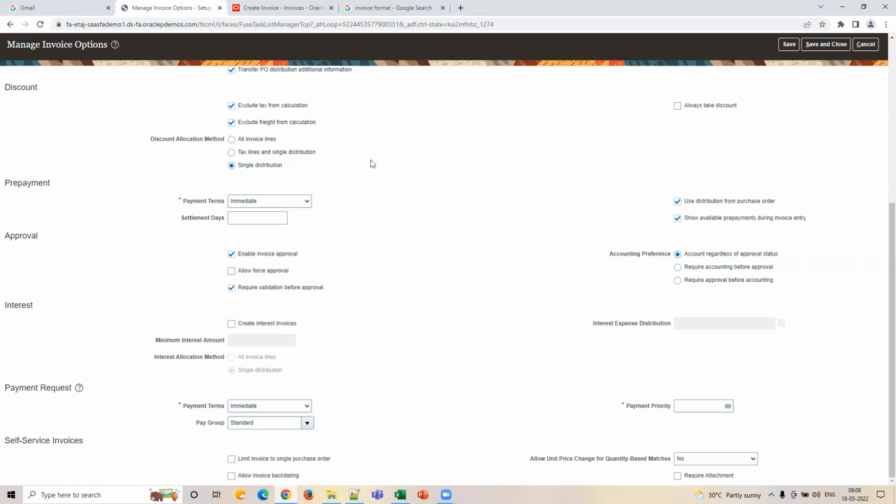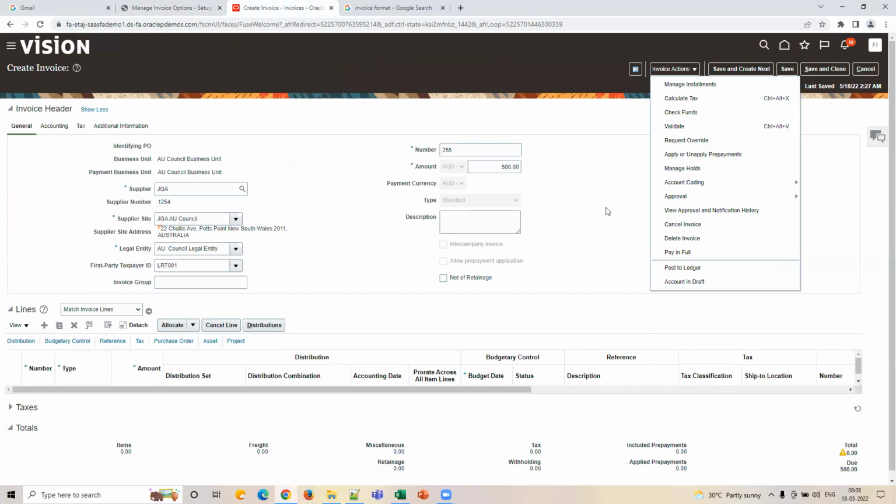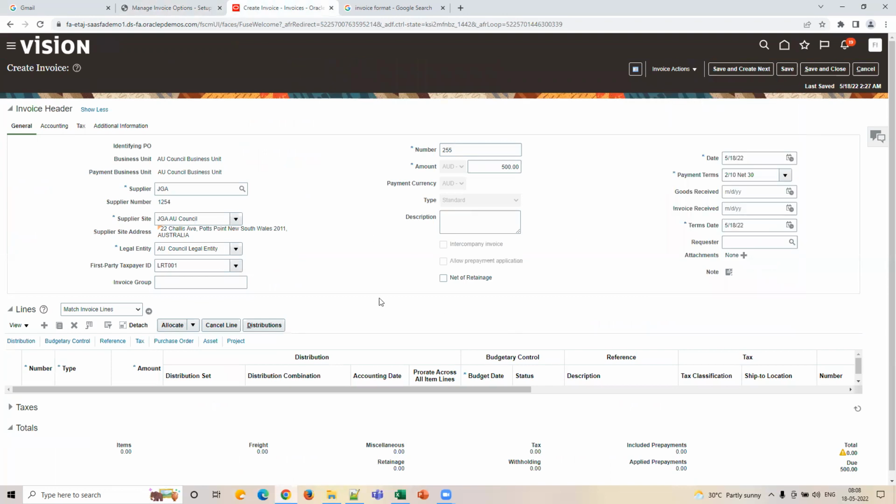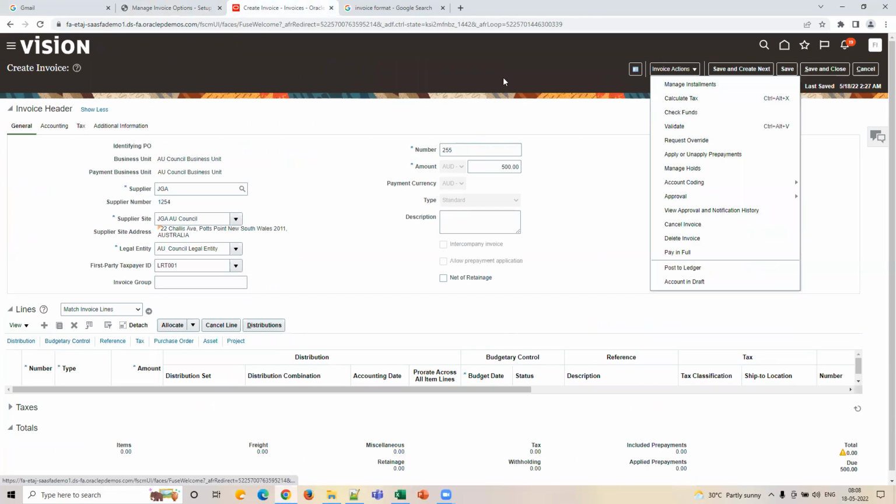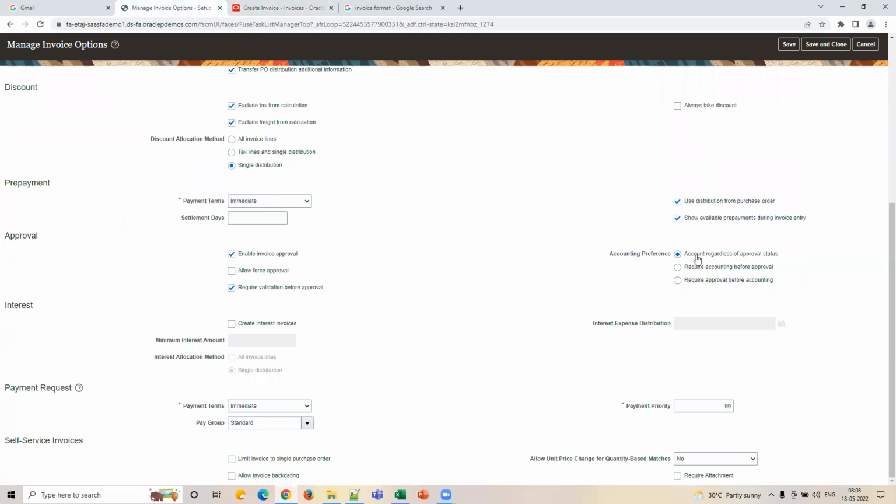Account regardless of approval status. Okay. What does it mean by account? Account is nothing but, right, we are creating our invoice and if you account, you are transferring your journal entry to your general ledger, correct? So this option is account regardless of approval.